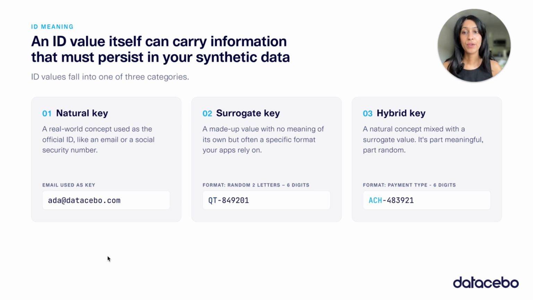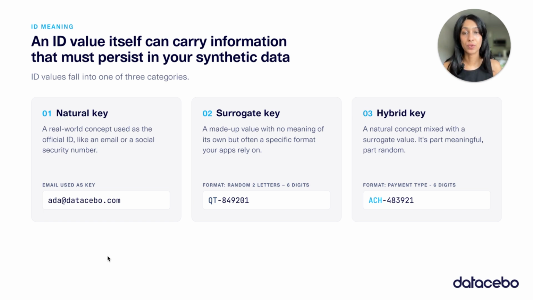And finally, you have this third bucket of hybrid keys. It's a hybrid of surrogate and natural values. This is when your system mixes a natural concept and then adds a surrogate value too. An example is when the first characters of an ID may refer to a type of payment in a financial database: an ACH transfer, a wire transfer, or a credit or debit card transfer.